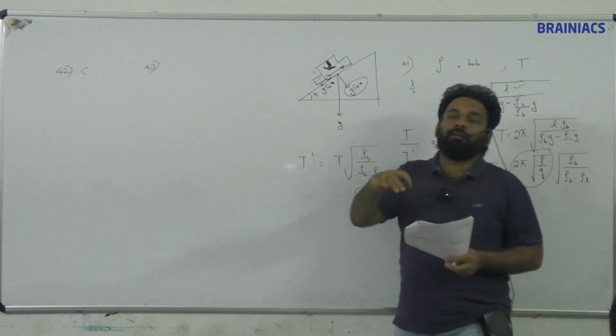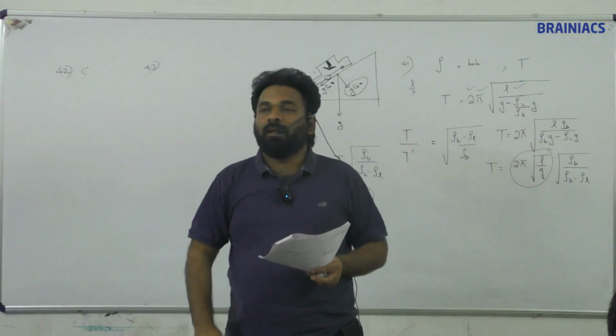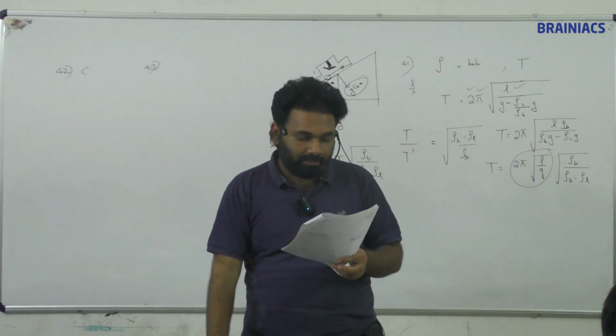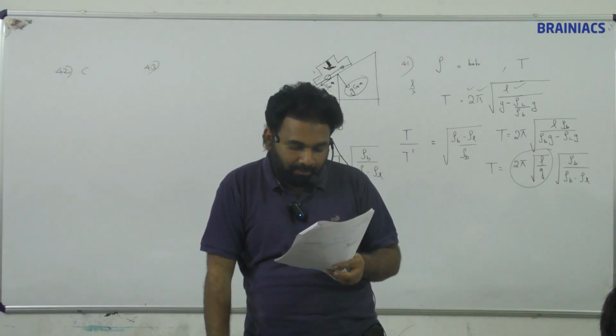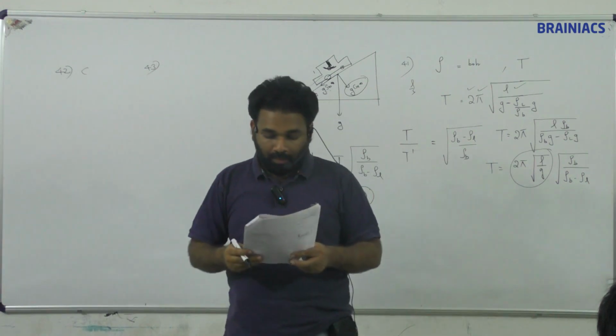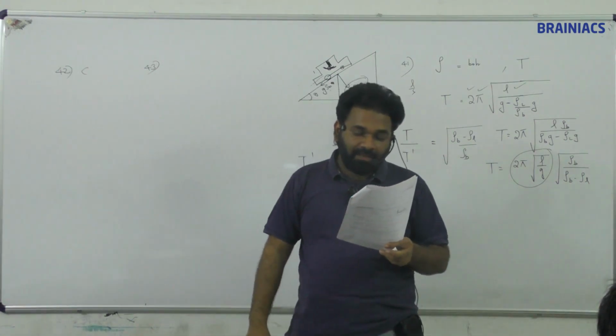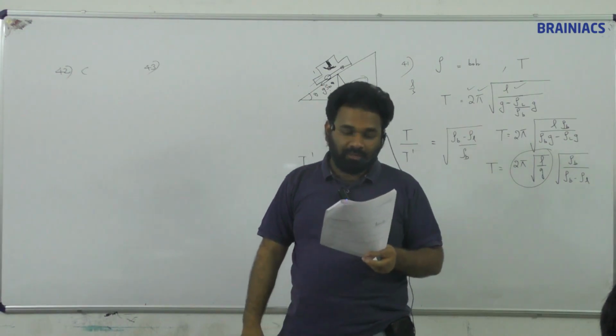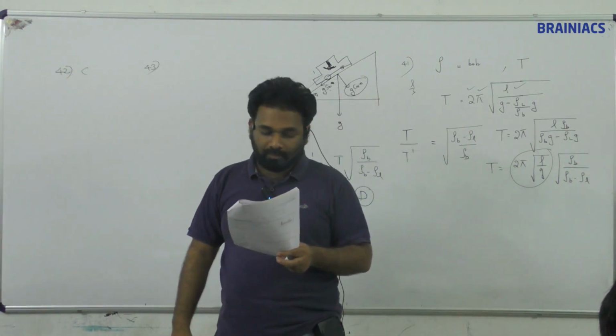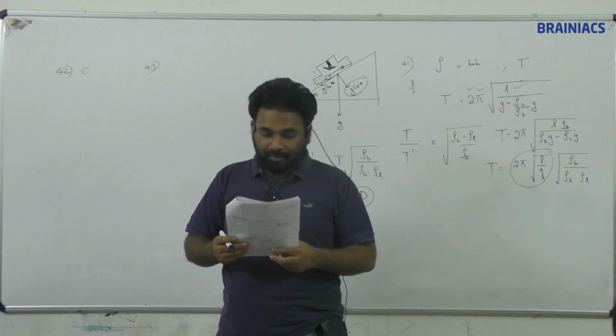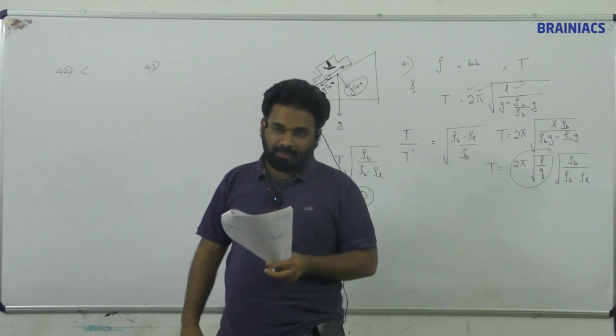The period of a simple pendulum is doubled if the length is made 4 times. Okay, next one. A simple pendulum is executing SHM with time period T. If the length of the pendulum is increased by 21%, the percentage increase in the time period of the pendulum is.